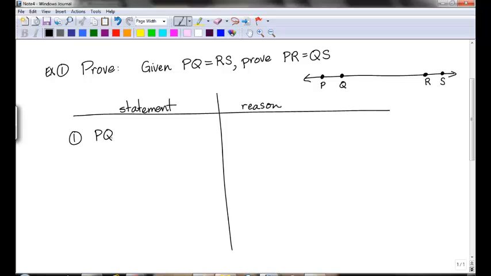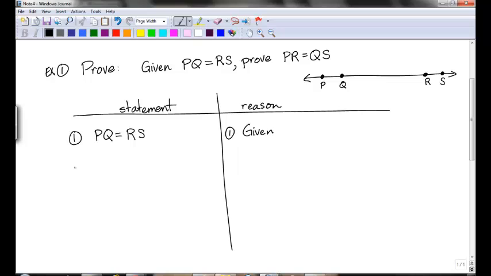And if you look at the book, sometimes there's more than one part on the given. You don't always have to put the given all on the first line. Some of it might come later in the proof. So this one, the reason would be given.